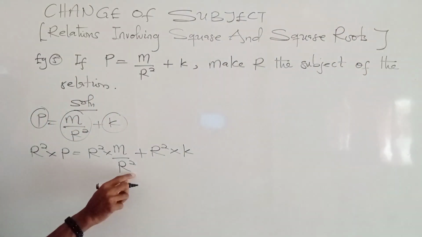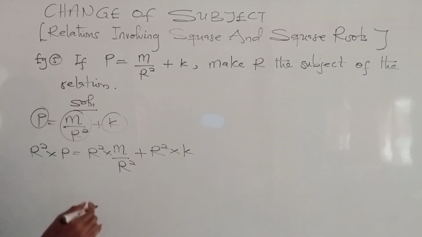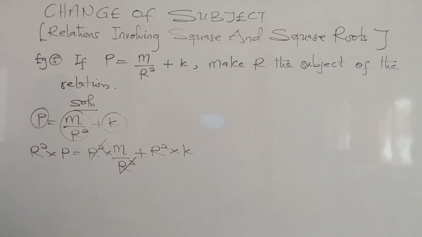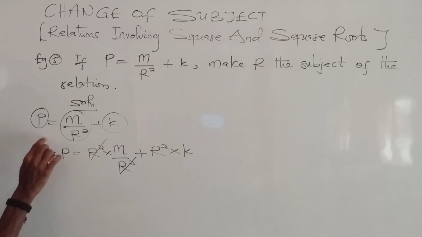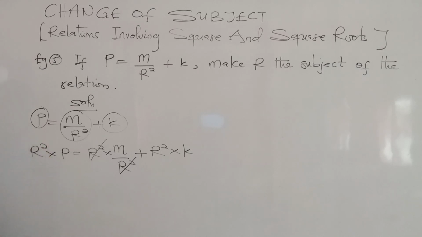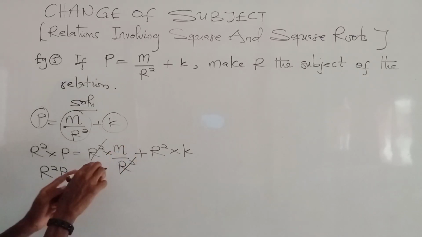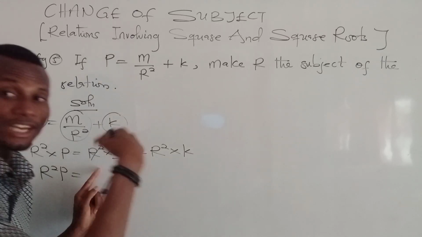You can see that this r squared and this r squared can cancel away. So let's cancel this r squared and this r squared. Now let's look at what we have left and simplify further. From here we have r squared times p. R squared times p will give r squared p. Okay, I hope you understand and you agree with me. And here, what we have left is m, because this r squared and this r squared have cancelled away.